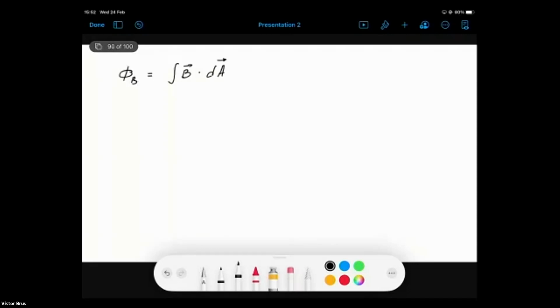And let's say if we have some surface, on this surface we have some small surface element. So perpendicular to the surface element will be the dA vector, which has the direction of the normal unit vector, and its magnitude is equal to the area of this small surface element, which is dA.